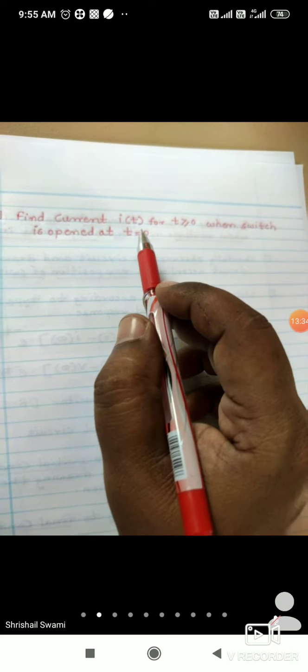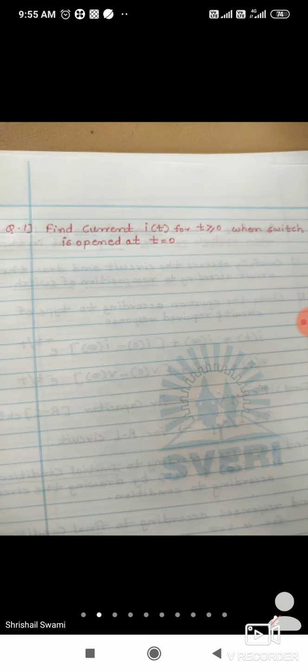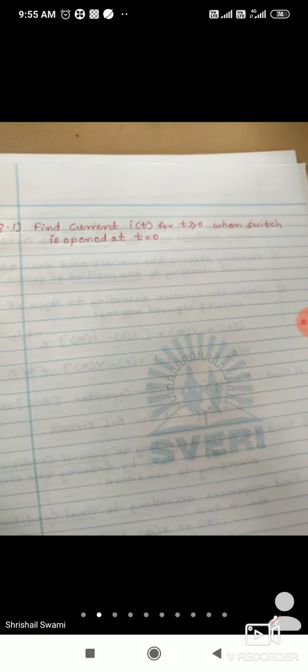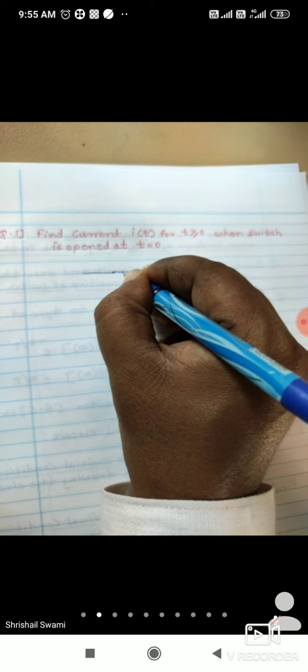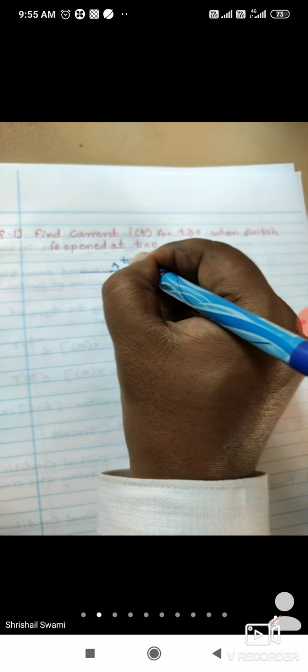So find current I of t for t greater than 0 when the switch is open at t equal to 0. In yesterday's problem the condition is reversed. Here the switch is opening at t equal to 0. Already it is closed, so it is opening at t equal to 0.